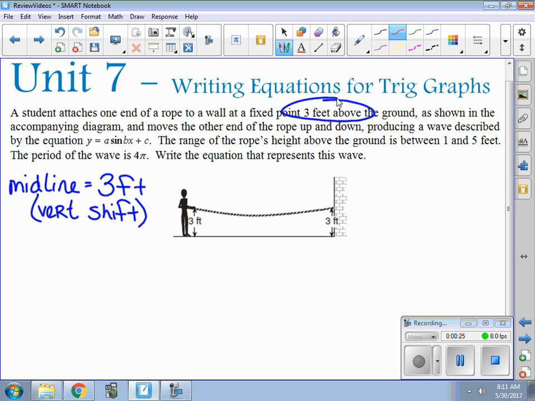So this person moves the end of the rope up and down, producing a wave described by this equation, y equals a sine bx plus c.